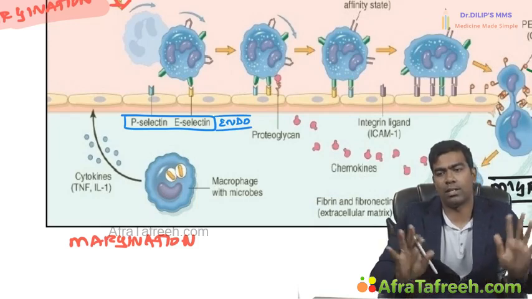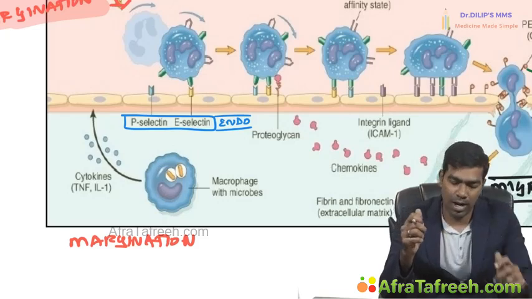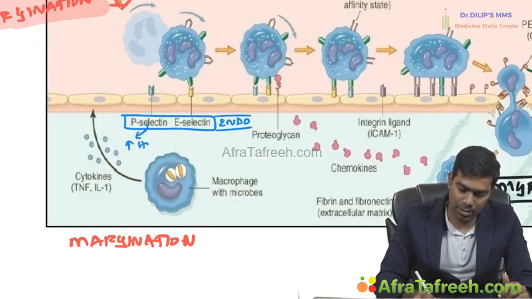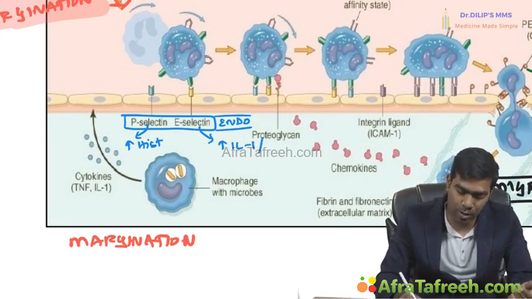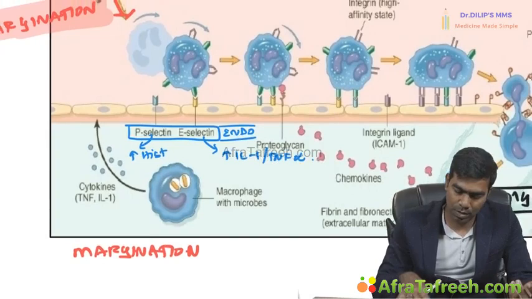The endothelium starts expressing these P-selectin and E-selectin molecules. The P-selectin expression is increased by histamine, and the E-selectin expression is increased by two important acute phase reactants, important for inflammation, interleukin-1 and tumor necrosis factor alpha. They increase the expression of these molecules.